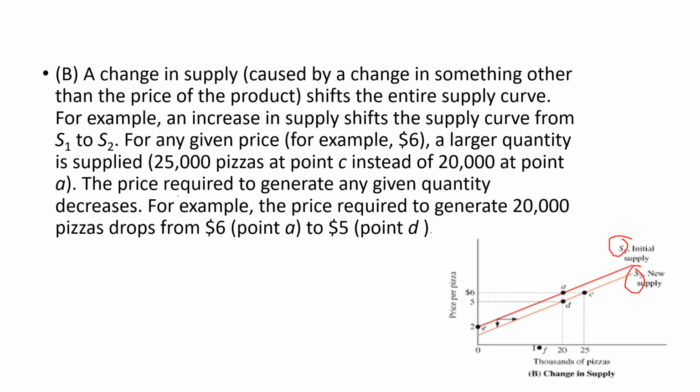For any given price, for example at $6, a larger quantity is supplied: 25,000 pizzas at point C instead of 20,000 at point A. The price required to generate any given quantity decreases. For example, the price required to generate 20,000 pizzas dropped from $6 at point A to $5 at point D.